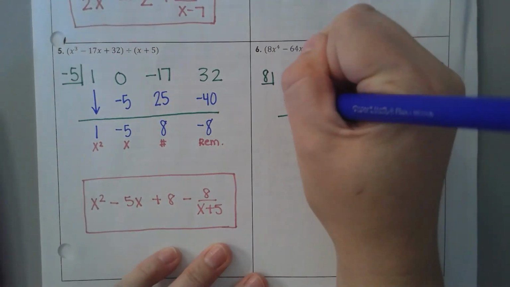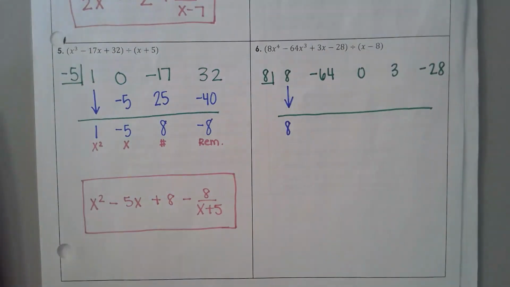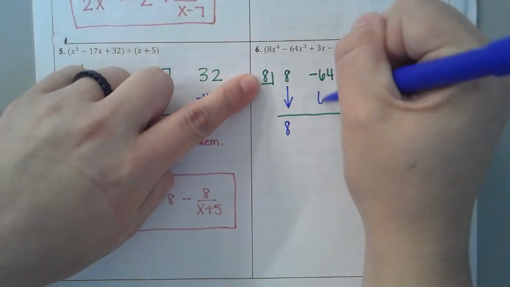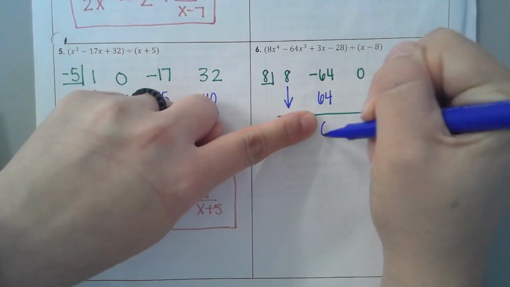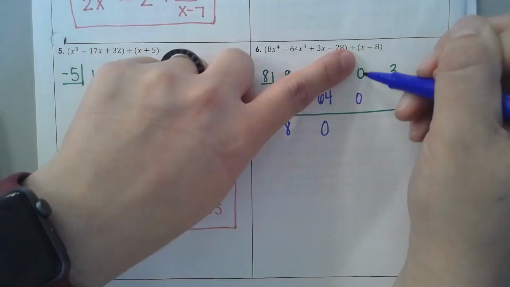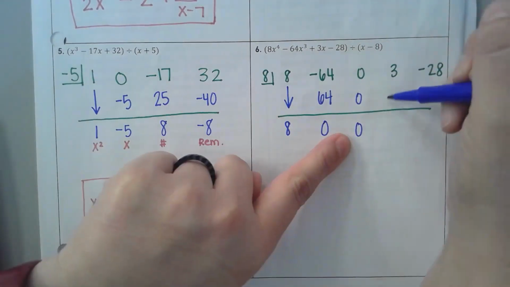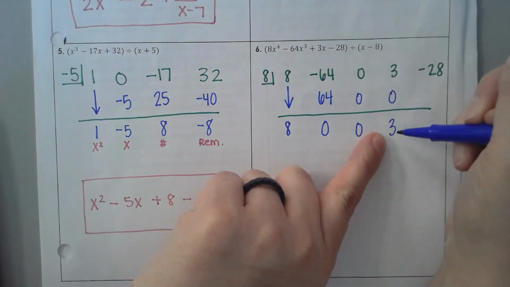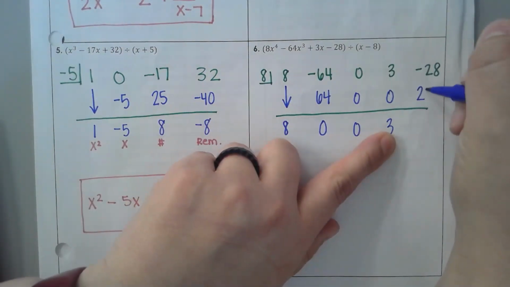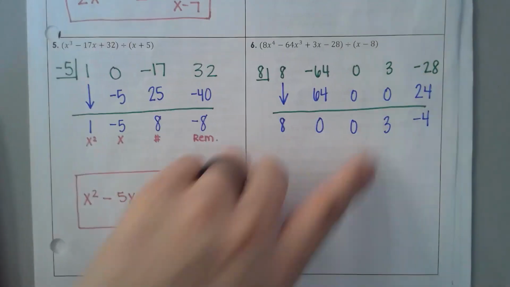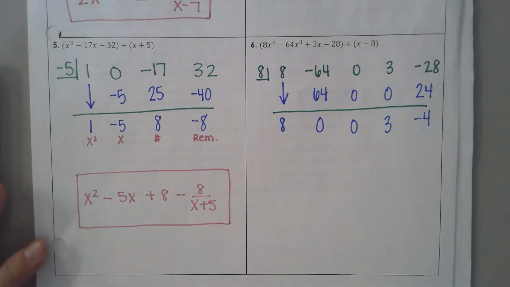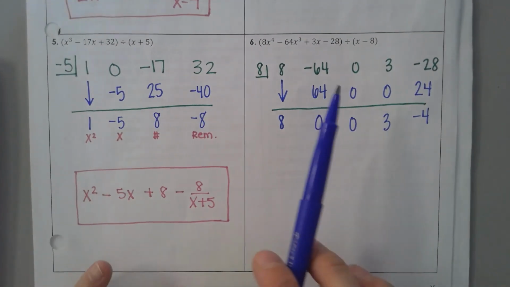So bring down the 8, multiply, add, multiply, add, multiply, add, multiply, add. So you should have had 2 zeros in your answer.